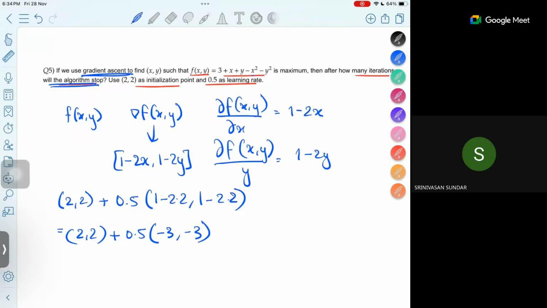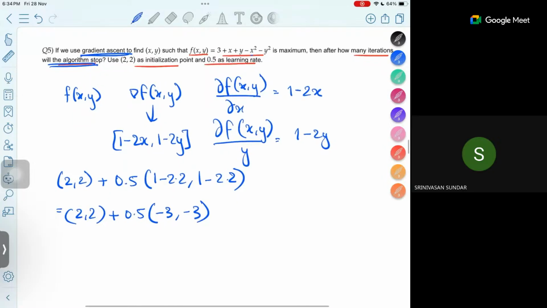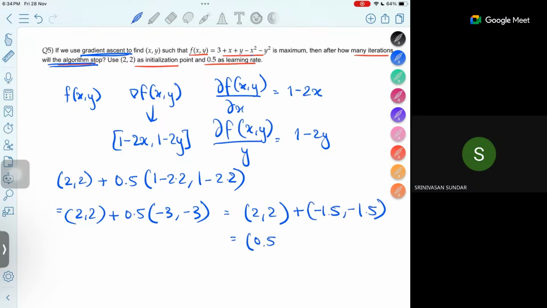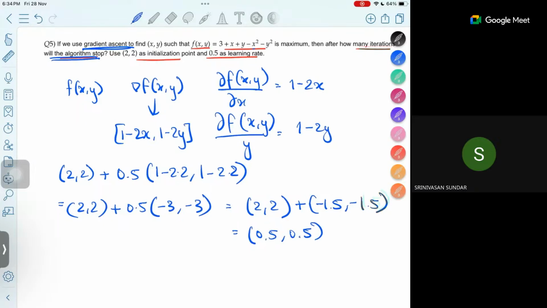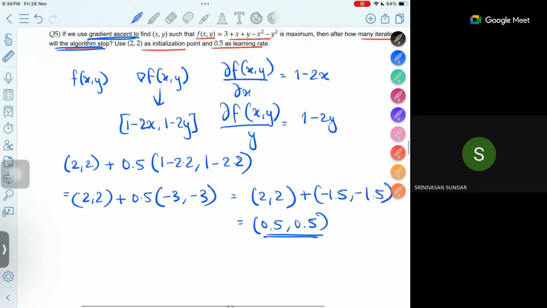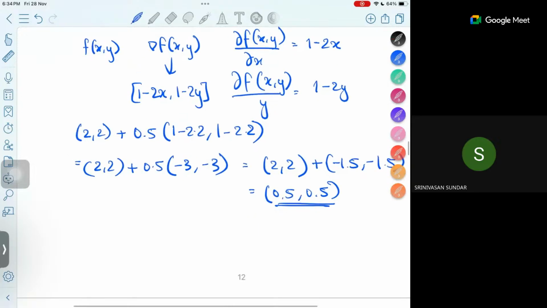This is 2 comma 2 plus minus 1.5 comma minus 1.5, which is 0.5 comma 0.5. Okay, so we've run this algorithm for one iteration. Now let's run it for the second iteration also.